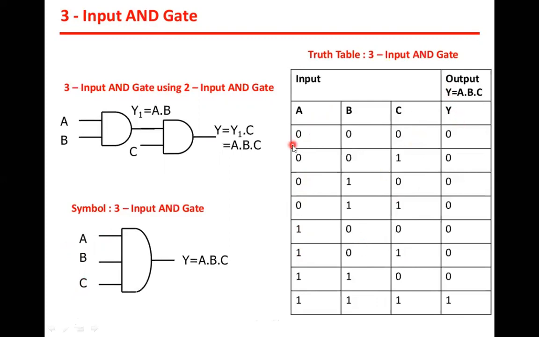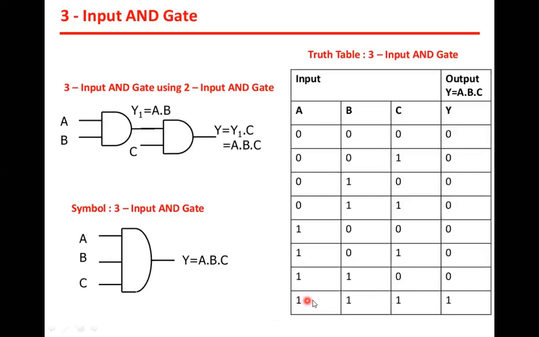Okay, and this is the output. Output is Y. Y is equal to A dot B dot C. So what is happening now? Each case you understand: A 0, B 0, C 0, the output is 0. 0 0 1, it is 0, 0 1 0, it is 0, 0 1 1, it is 0, 1 0 0, 1 0 1, 1 1 0, it is 0, and the last is 1 1 1, the output will be 1.